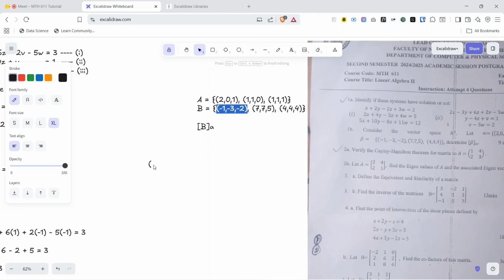It will mean that we have something like this alpha, then this alpha, then the third one. What they want us to solve is beta underscore alpha. That's what they want us to determine.